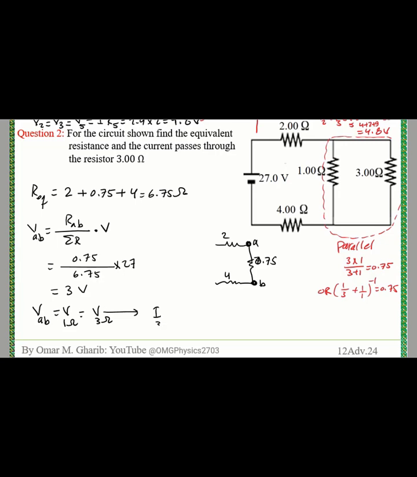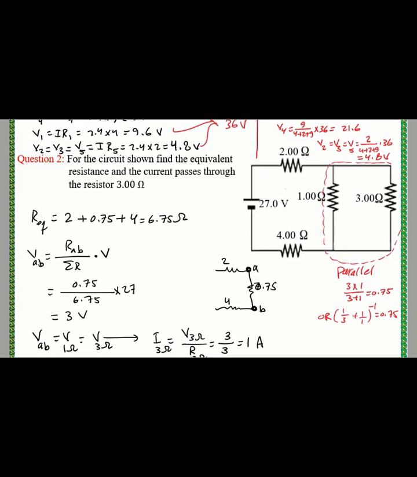The current in the 3 ohms equals its voltage over its resistance. The voltage is 3 and the resistance is 3, so the current is 1 ampere. It's a very easy question. This question comes repeatedly in exams.